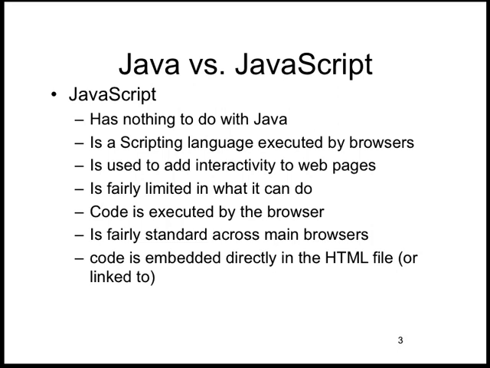So the JavaScript code is embedded in an HTML file or linked to it. Basically, the page downloads and the code downloads as well, and then the code runs in the browser. It's important to realize that it's running in the browser. You've sent the code and it's running in the browser. It's not running somewhere on the web. That's a different module, a different technology.